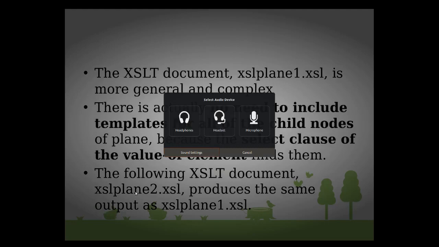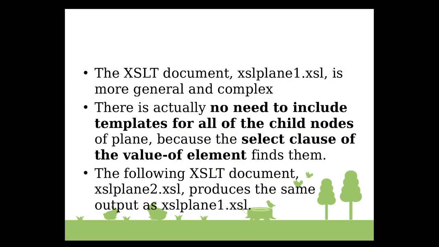There is actually no need to include templates for all the child nodes of plain because the select clause of the value-of element finds them. You don't have to give the template for all the child nodes of the plain. We can use that select clause to select the child nodes.